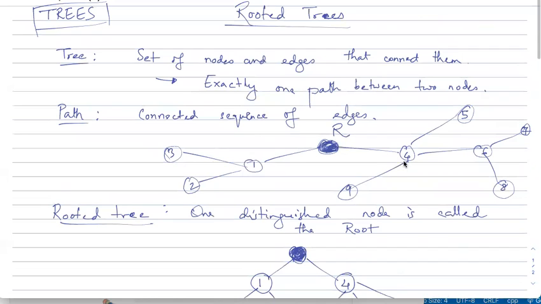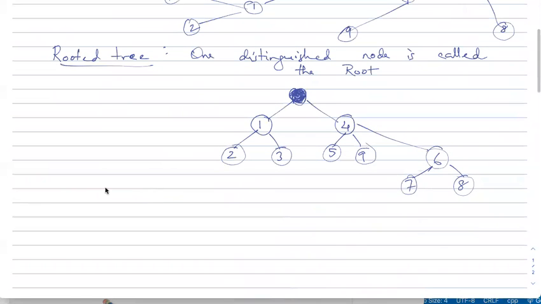But definition-wise, nobody is stopping you from drawing a tree like the other way, because all it needs is that exactly one path exists between two nodes, and that there is a designated node called the root. Okay, so every node, let's say n, except the root node, has one parent p.